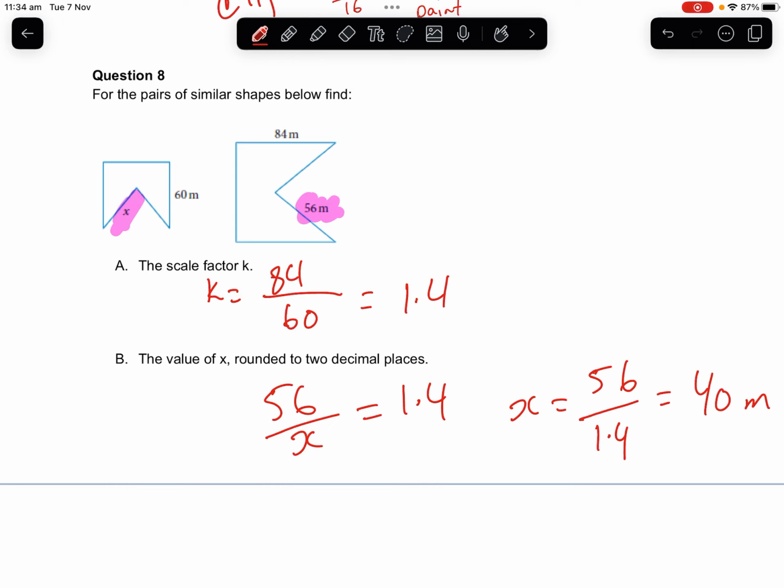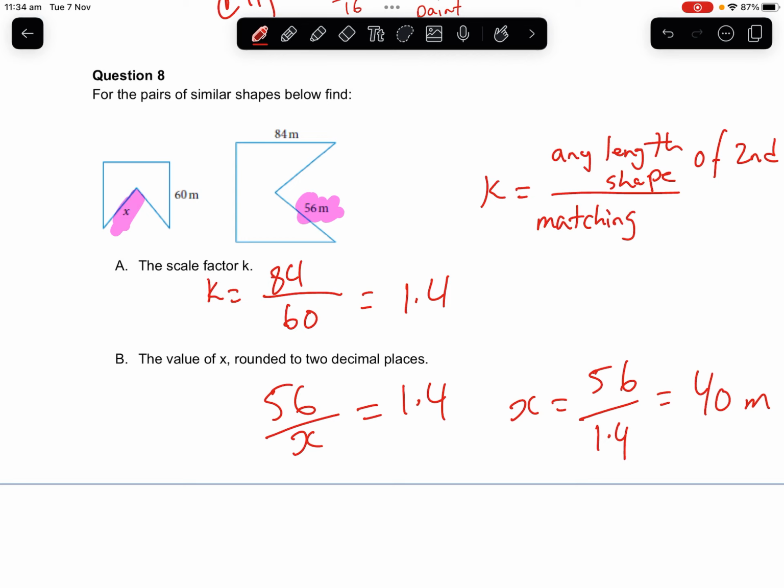So the exact formula for scale factor is any length of the second shape divided by the matching length of the first shape.